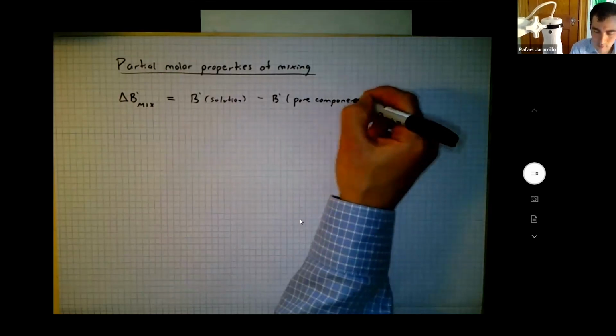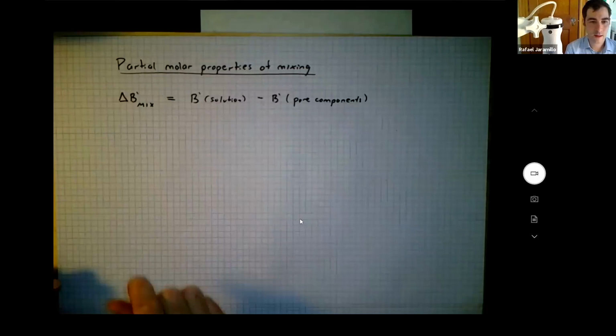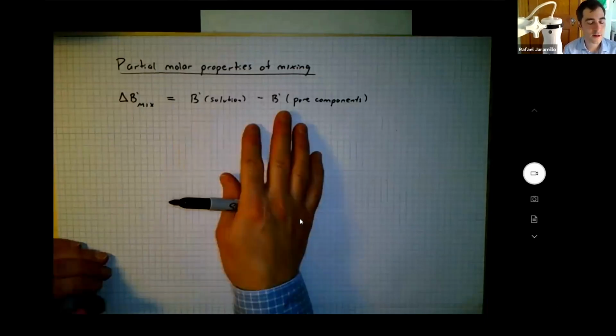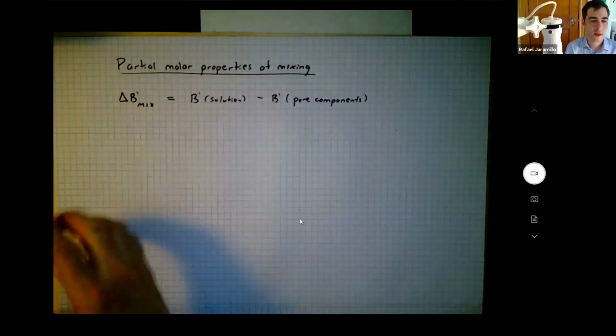We talked about this last time that in general, the whole is not simply the sum of the parts when you make a solution. And there were some examples given of materials which, for example, get bigger than you would expect or smaller than you would expect and so forth. So we're just going to capture that change here.